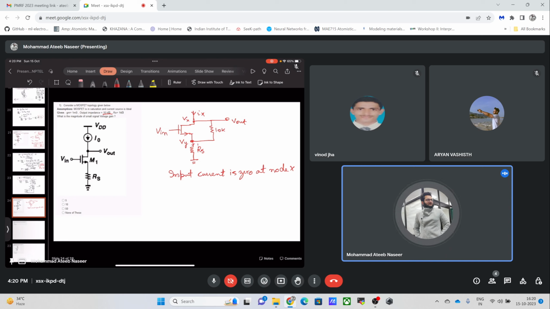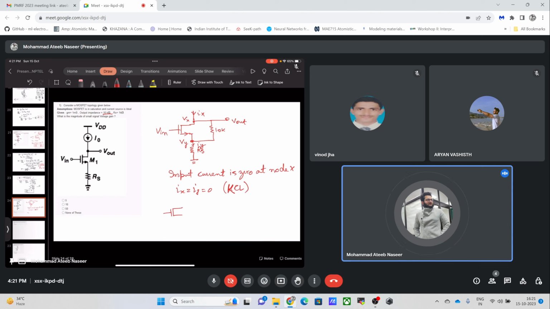So the current Iy should also be equal to 0, from simply KCL.